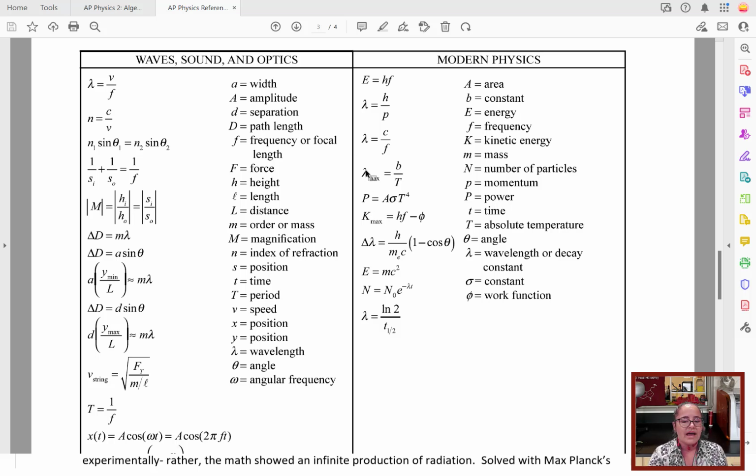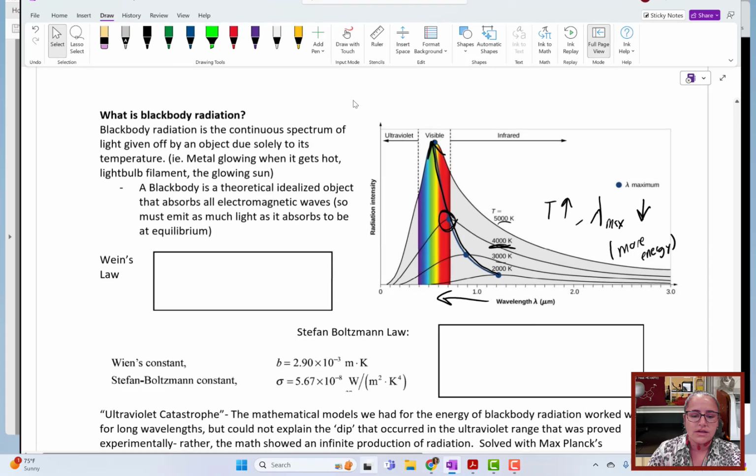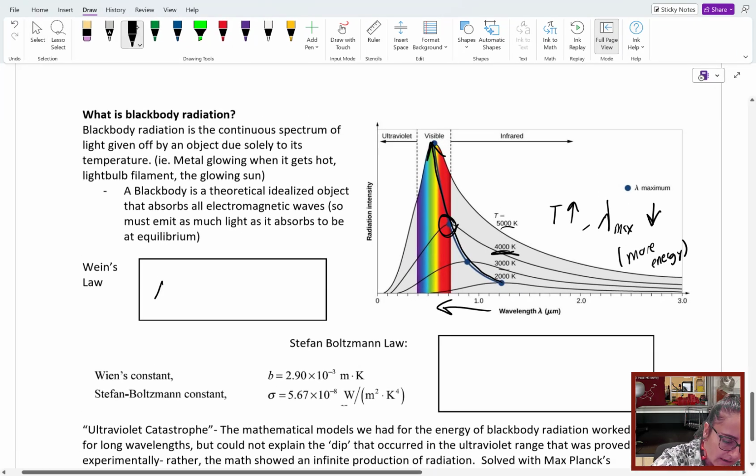So we have the max wavelength, not the decay constant, that's coming later, but the max wavelength equals B, a constant, divided by T, the absolute temperature. Go ahead and add that in. The max wavelength equals B, a constant, divided by T, which is absolute temperature.